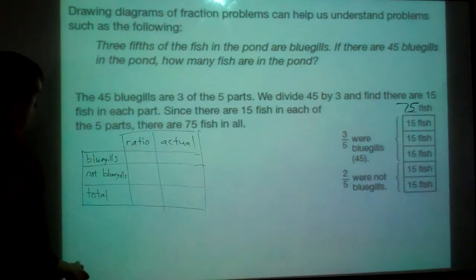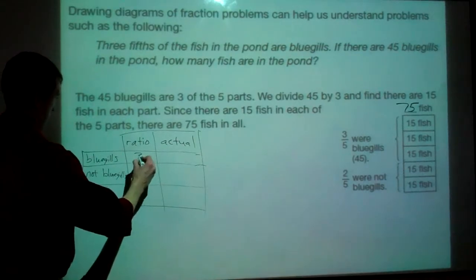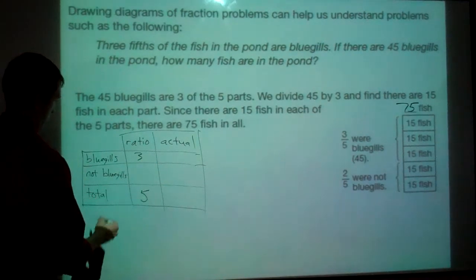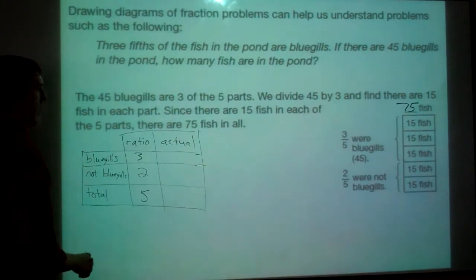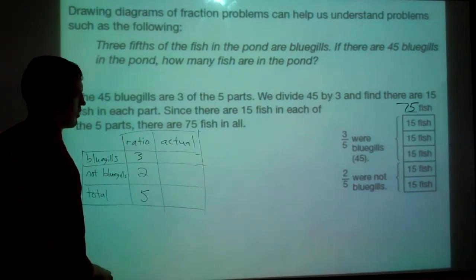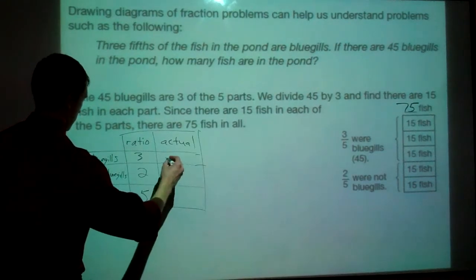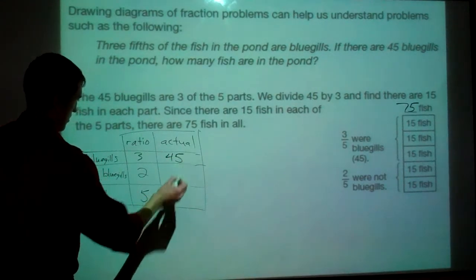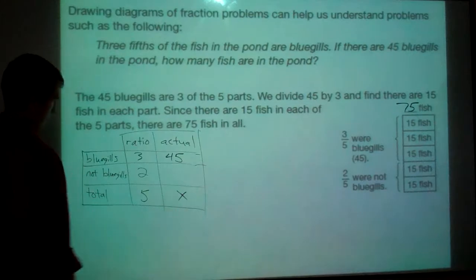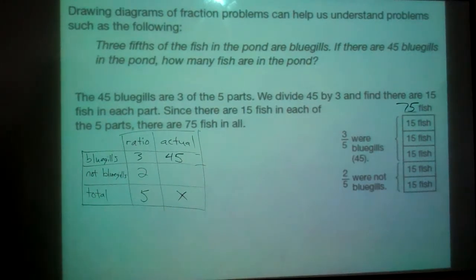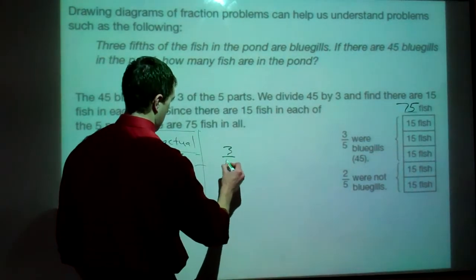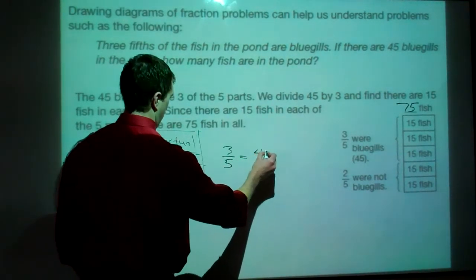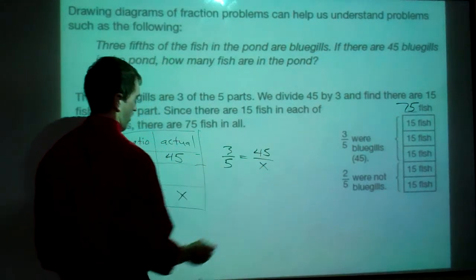So a ratio: 3 of 5 are bluegills, that means 2/5 are not bluegills, and we know that there are 45 actual bluegills, and we're looking for the total. So we could set up a proportion here: 3 over 5 equals 45 over x.